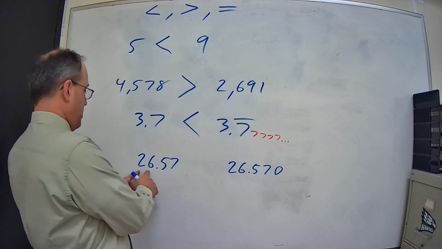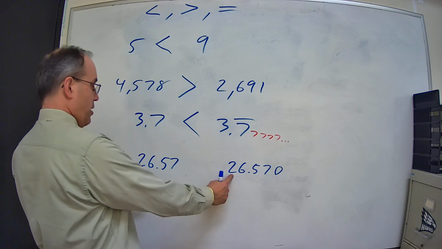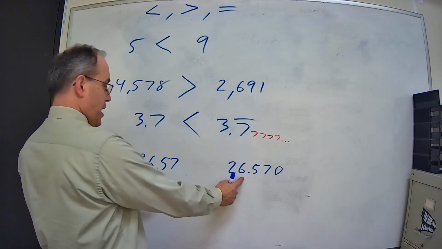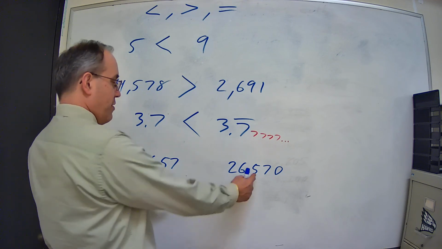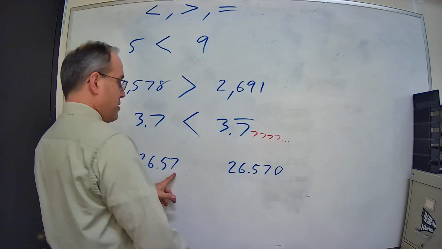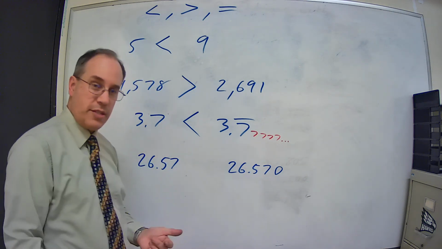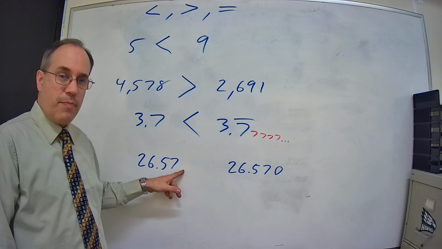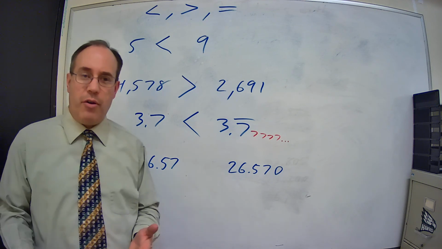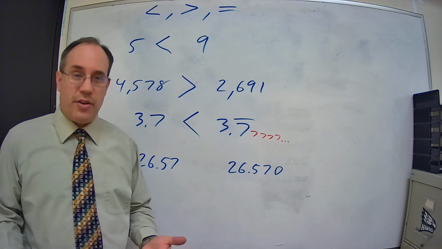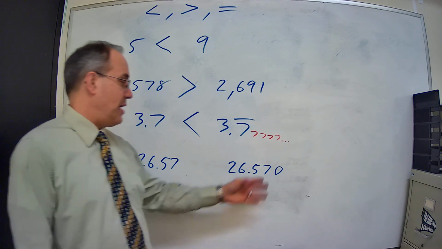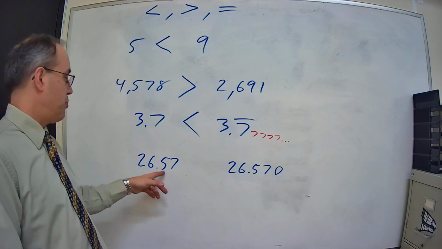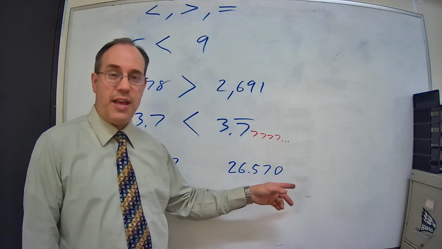Well, 2 and 2, those are the same. 6 and 6, those are the same. 5 and 5, those are the same. 7 and 7, those are the same. I've got a 0 here, I don't have a 0 here. But how much is 0? 0 is nothing, right? In fact, that's an unnecessary 0. If I get rid of that unnecessary 0, I have 26.57 and I have 26.57.